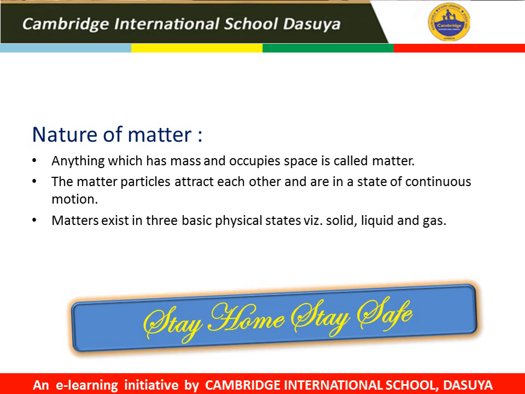And when we talk about matter particles, there is some kind of attraction between them, and they are always in constant motion, even in their solid state, where there may not be translational motion, but there is some kind of motion, which may be vibratory motion. Matter, under normal conditions of temperature and pressure, exists in 3 states, that is solid, liquid and gases.